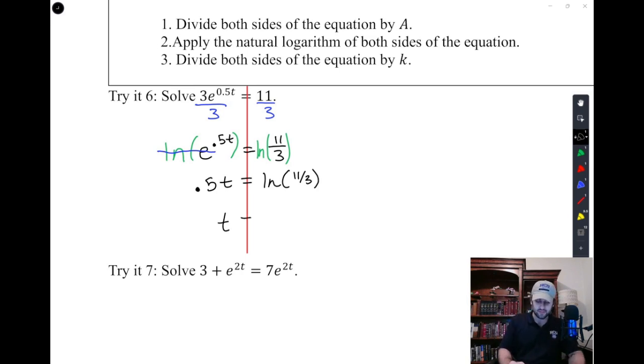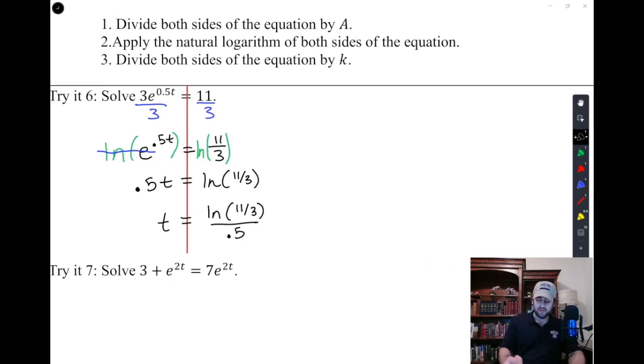So t equals the natural log of 11 over 3, over 0.5. Divide both sides by 0.5. And if you're thinking, dividing by 0.5 is the exact same thing as multiplying by 2, you'd be right. And so that's 2 times the natural log of 11 over 3, which was your missing t value.